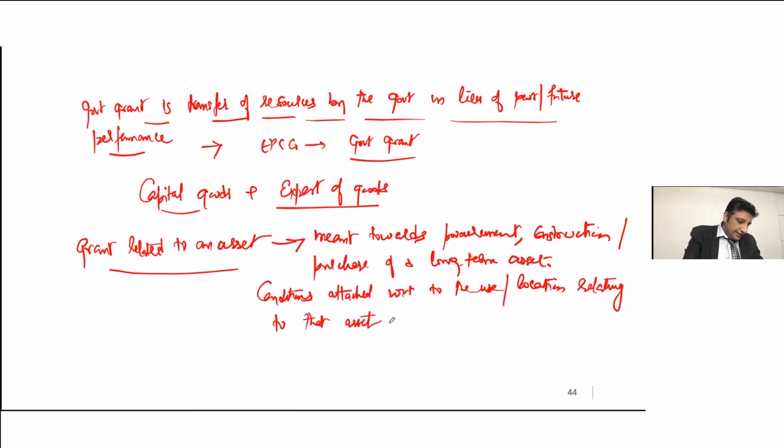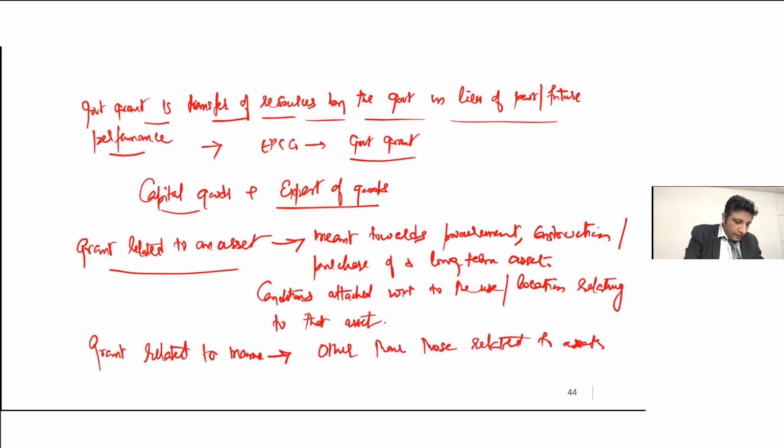Okay, now the easy part is the grant related to an income. Those are grants other than those related to assets. That's how you start defining, for example, a grant related to income.